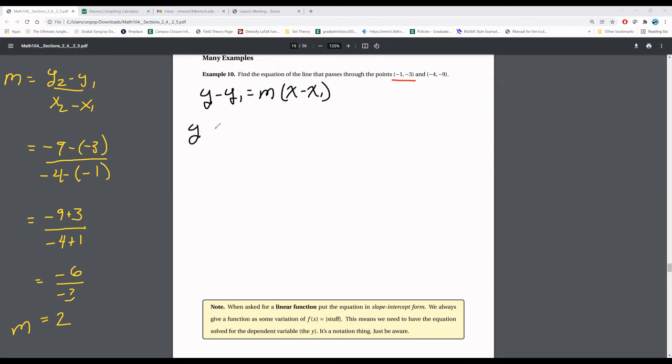So that becomes y minus, what is y1? It's negative 3. We'll put that in parentheses. M, we just found m, it's 2. It'll be times x minus x1. x1 will be a negative 1. I will use parentheses.